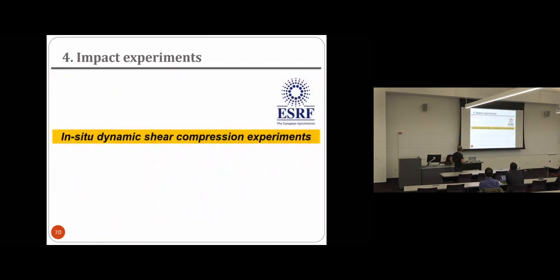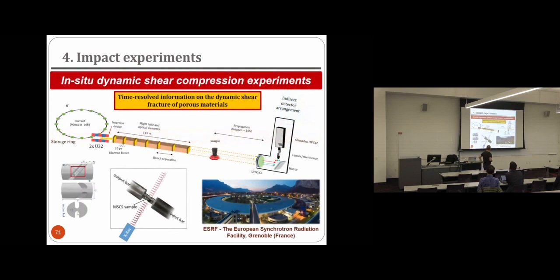So in addition to analyzing necks and fragmentation, as I mentioned, we are also analyzing formation of shear bands. Something that I think is interesting is the series of experiments that we performed at the European Synchrotron Radiation Facility. Here we were running dynamic experiments that allow us to see in situ the evolution of the porous microstructure of the specimen.